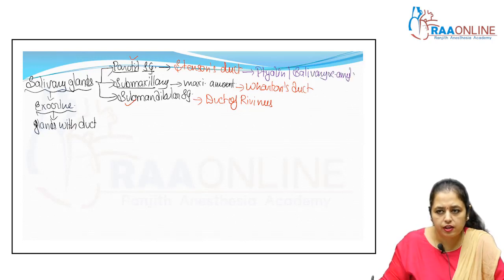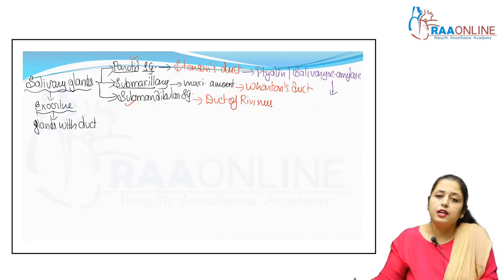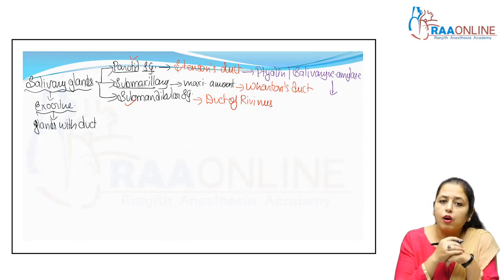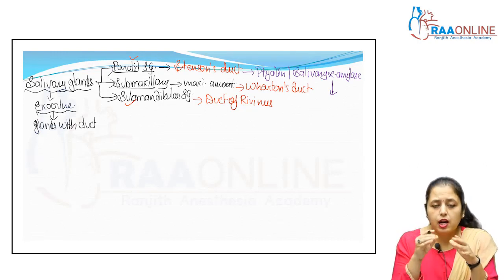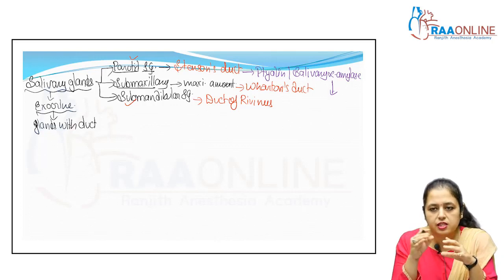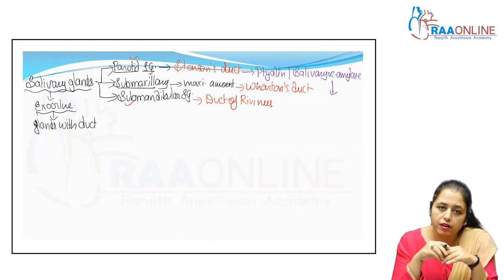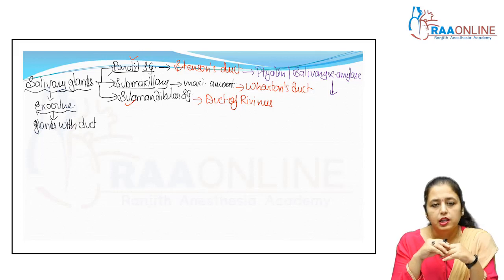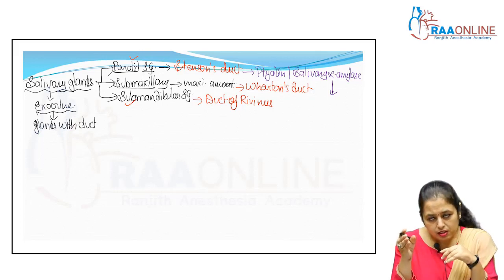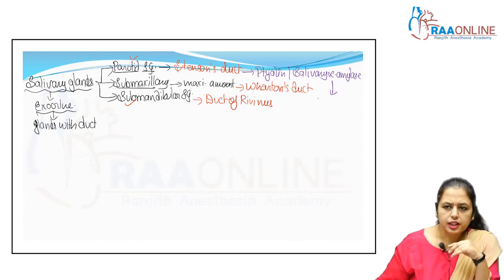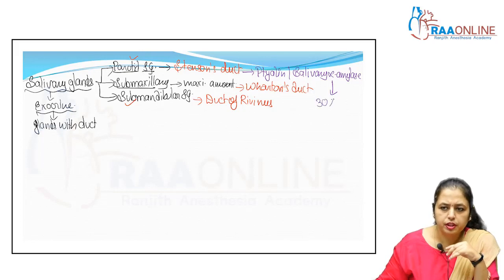It is the enzyme which starts the digestion of starch. 30% of starch is digested by the ptyalin, or salivary alpha amylase, in the mouth. So it starts from there.